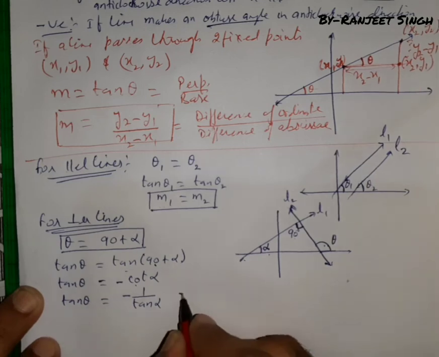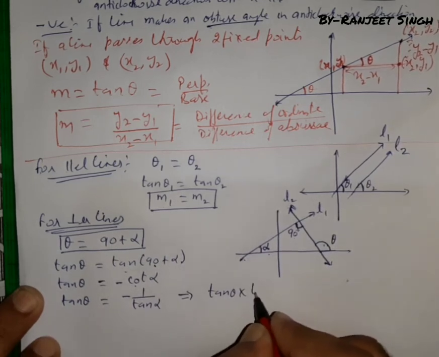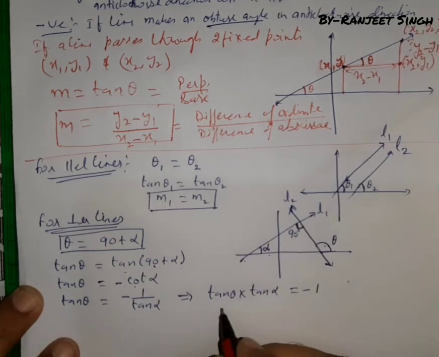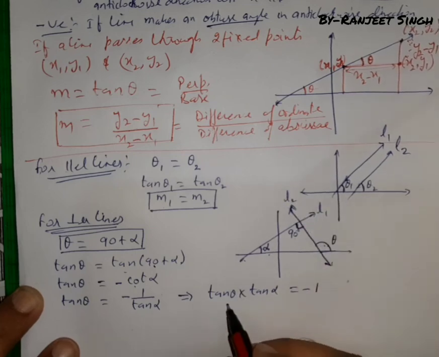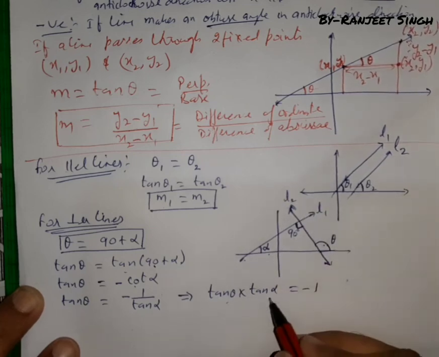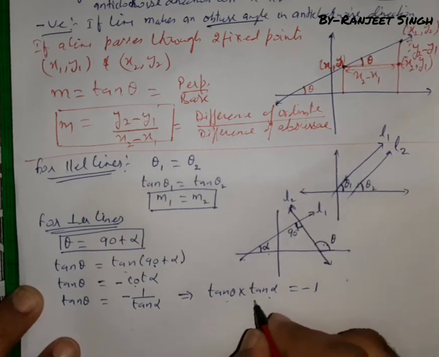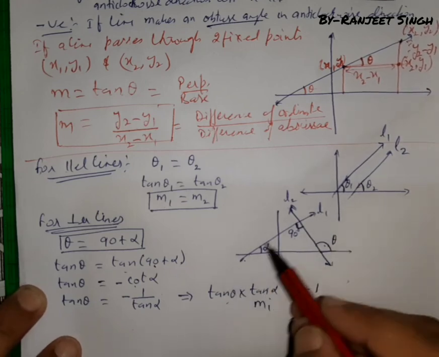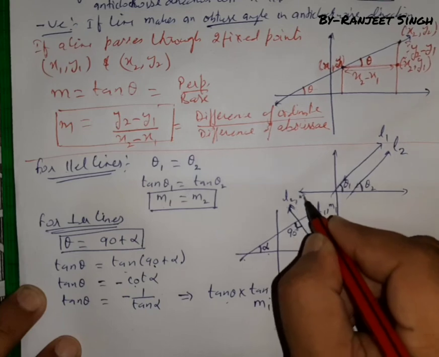So this implies, cross multiplying, tan theta multiplied by tan alpha is equal to minus 1. If for the line L2 the slope is m2 and for line L1 it is m1, then we can simply write this as m1 multiplied by m2. This is tan alpha, means I'm taking the slope of the line L1 as m1 and the slope of line L2 as m2.